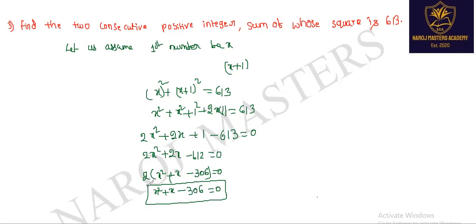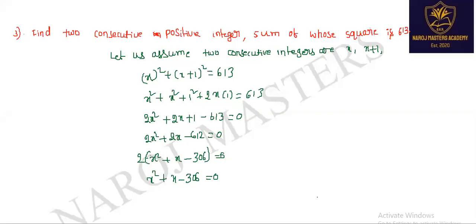Now find the roots of this quadratic equation. Then those are the two positive integers, two consecutive positive integers.